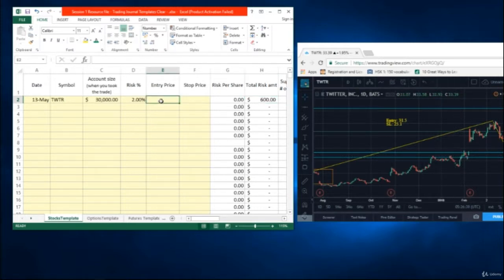So the entry price would be 31.5, and your stop loss would be 25.1.